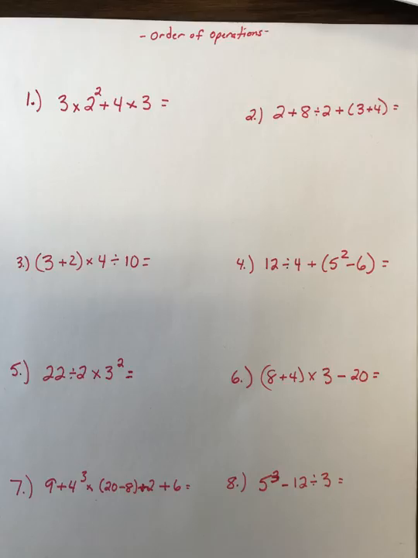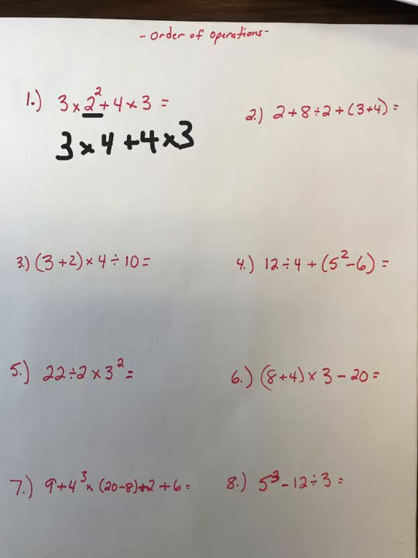You should have completed question 1 by now, but using the PEMDAS, we would say there are no parentheses. After that, there is an exponent. So I need to rewrite that. 2 to the second power is 2 times 2, which is 4. So 3 times 4 plus 4 times 3.